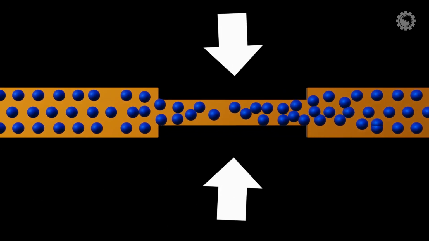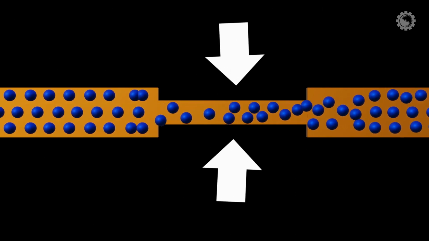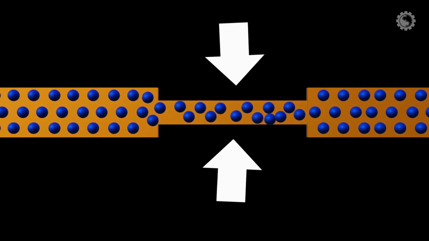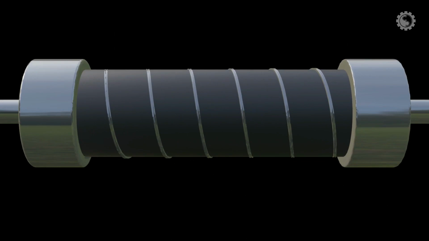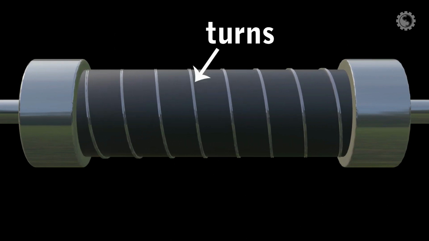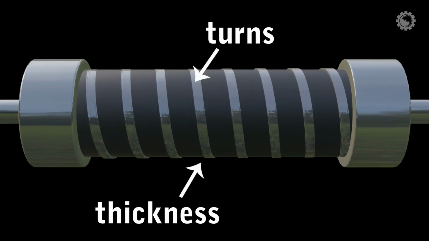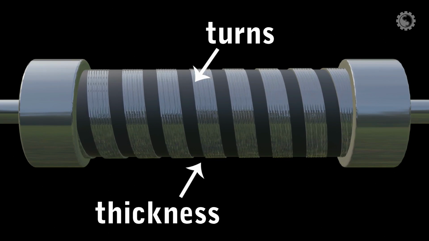Similarly, understand the water flow as the flow of electrons in the conductor. The wider part allows more electrons in the path. And when we reduce the breadth of the conductor, it restricts the electrons' flow. Similarly, in resistors, the electron flow is controlled by the number of turns and the thickness of the wire.